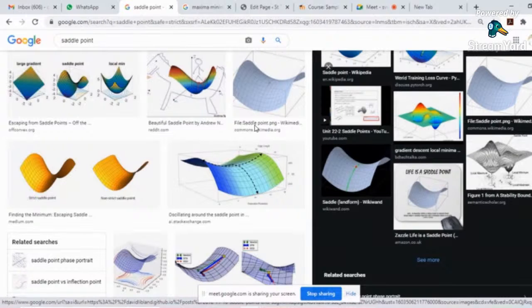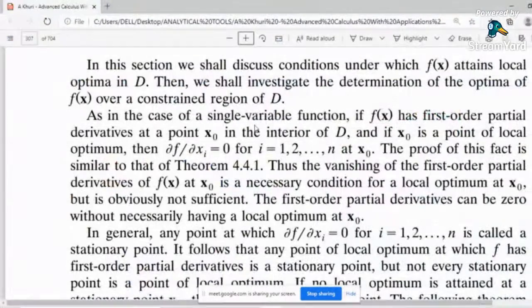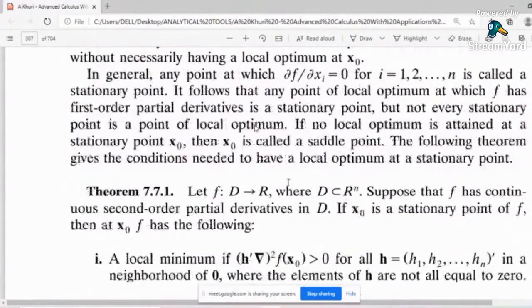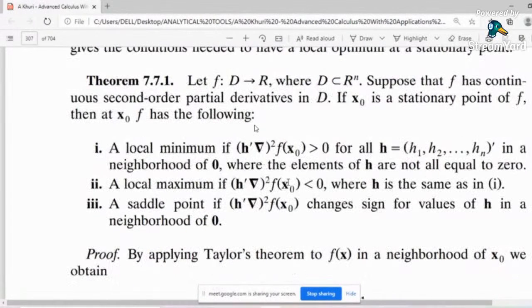That can be discussed as a theorem. So this is the brief description of the discussion we have done. The criteria is given in this theorem, theorem 7.7.1.